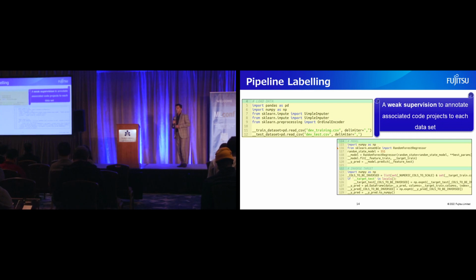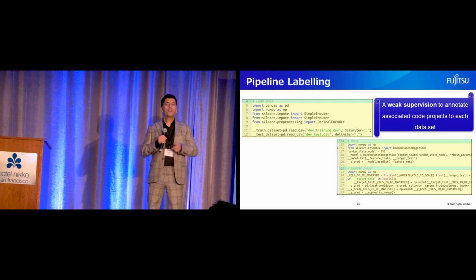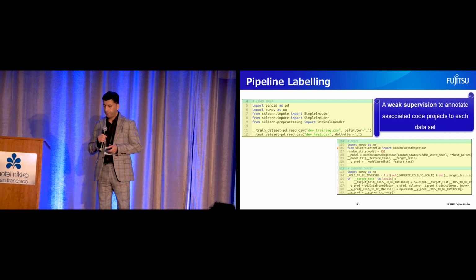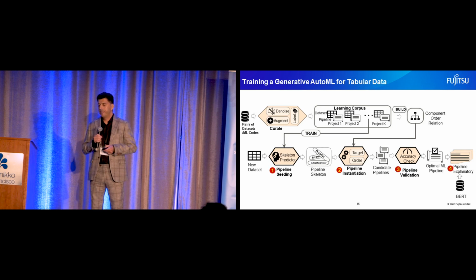We can do the same process, for example, for model selection. We could do the same thing for, for example, a specific feature engineering done on the target or done on specific columns. So we do this process, and we call it big supervision based labeling of the pipelines.